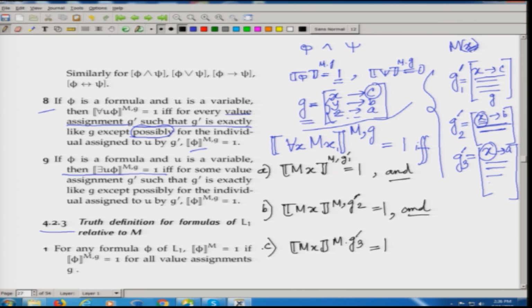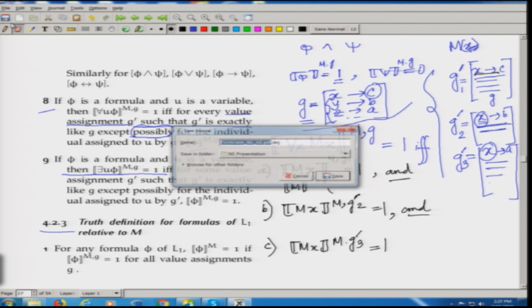Now, g prime 1 gives c to x. Here it will be m with respect to m g, which takes the meaning directly.